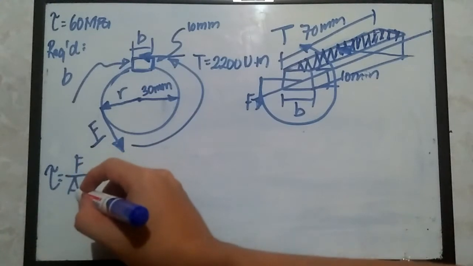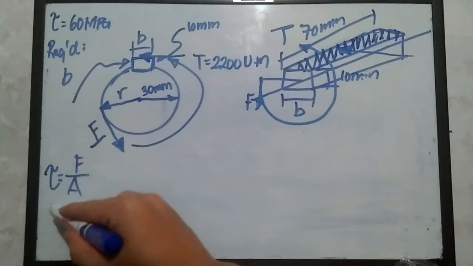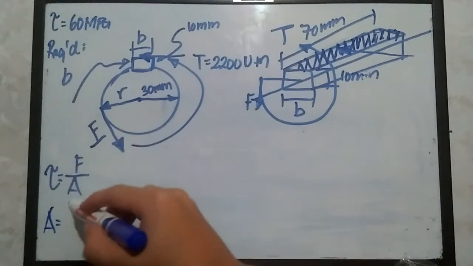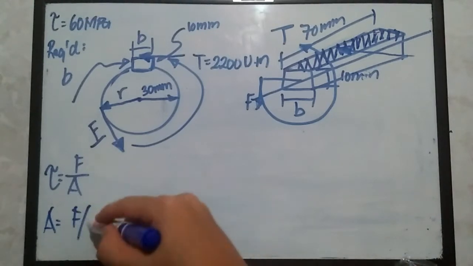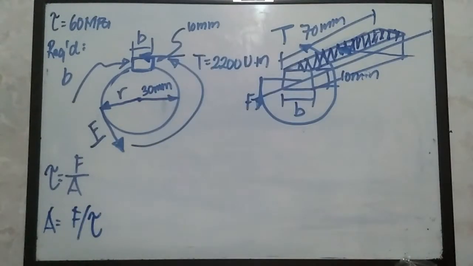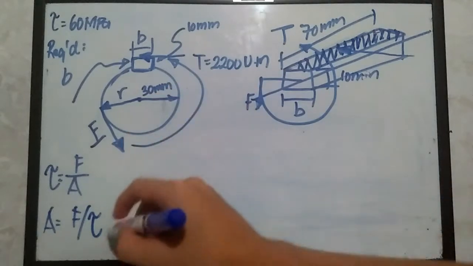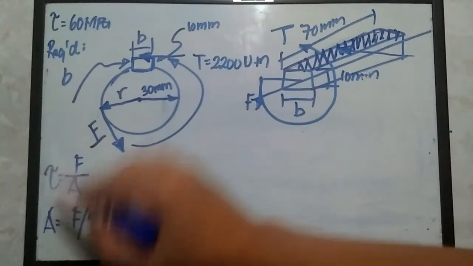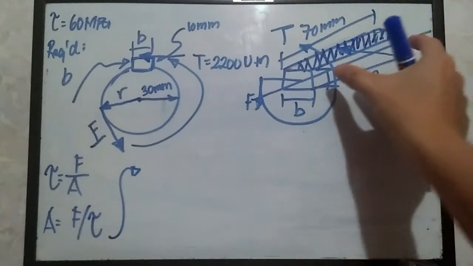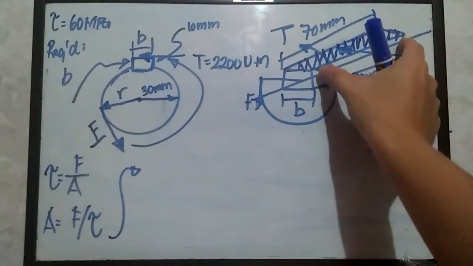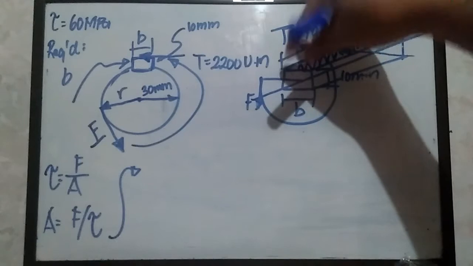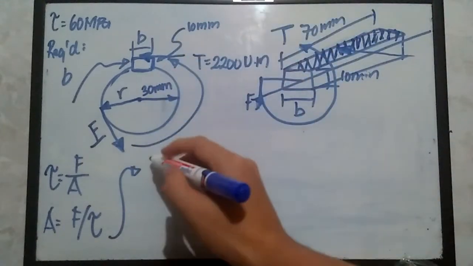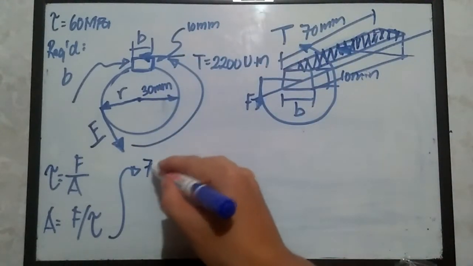So obviously that would be the area, right? Area is equal to the force divided by the shear stress. Okay, and then proceed. Let's try to dissect this A, which is simply this length of the locking component multiplied by B, right?